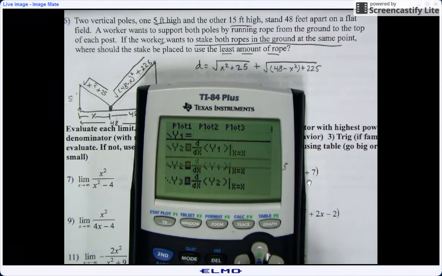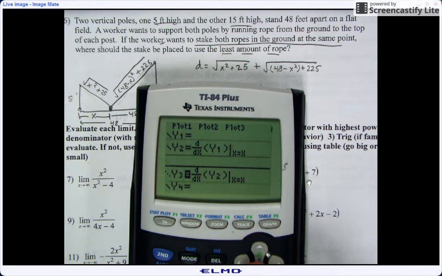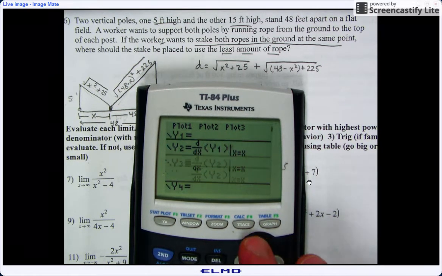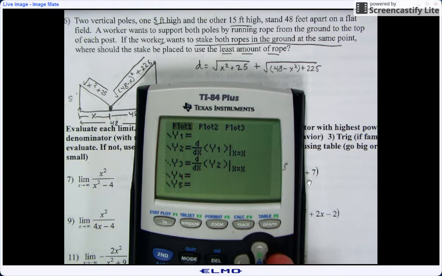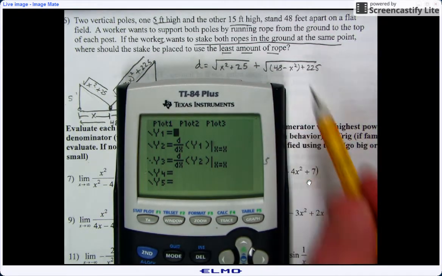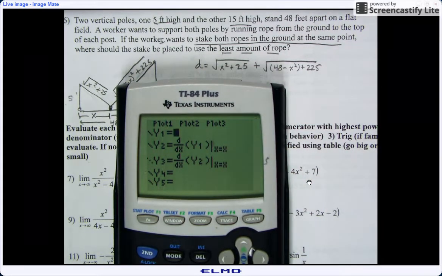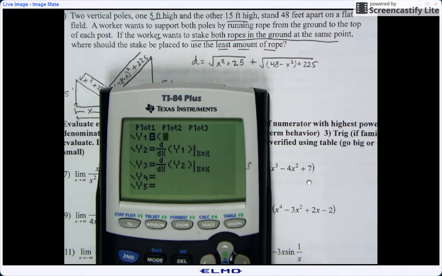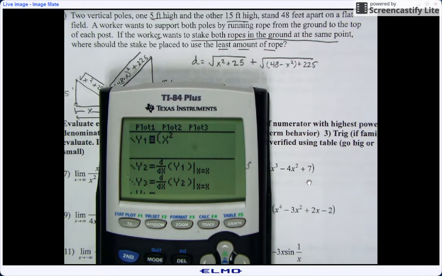So I'm going to enter this into my calculator. And you've got to be kind of careful with the second one, especially getting your parentheses in the right place. So the first one I have is x squared plus 25, and instead of the square root button, you can use it to the 1/2, or you can use the square root button, whatever.